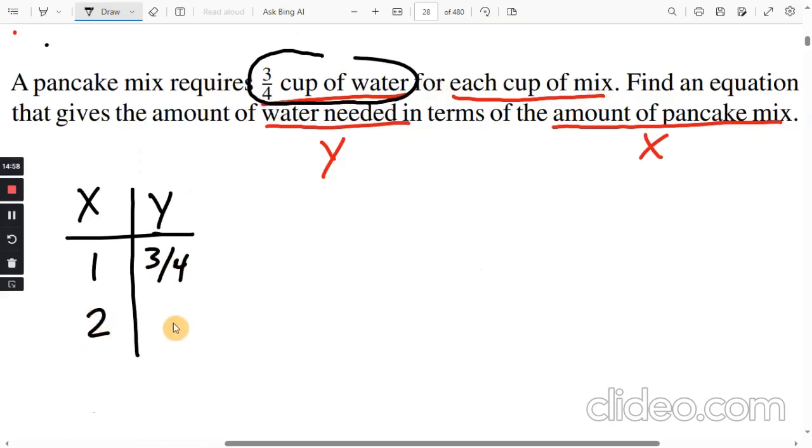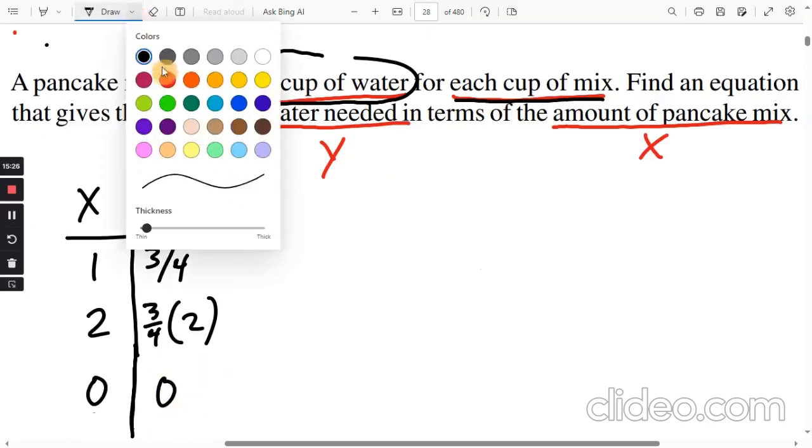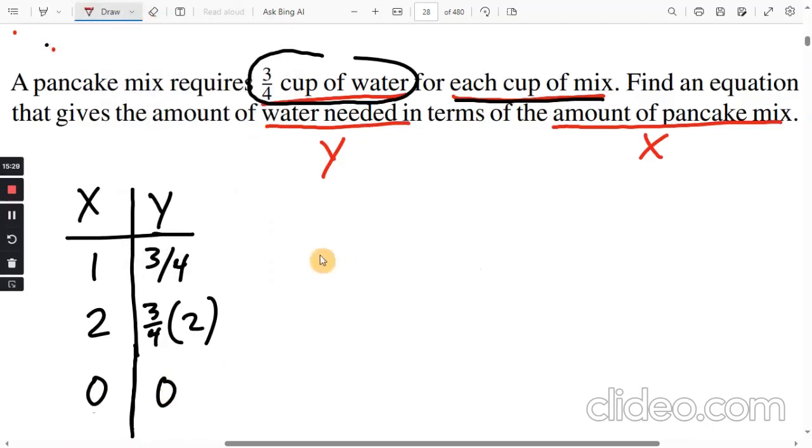For 2 cups, it's going to be 3/4 times 2, and so on. Well, before we go anywhere, how about 0 cups? If we're going to make 0 cups of mix, how much water do we need? 0 cups of water, right? So that's pretty simple, actually. Sometimes you just have to interpret these things.